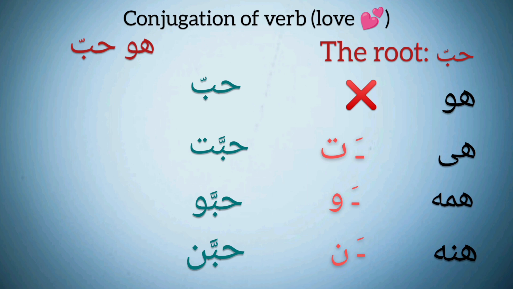We add aw to this one, and it basically means they loved. But this is masculine. For feminine, we have hinna habben. We add en, hinna habben, they loved, but it refers to females.